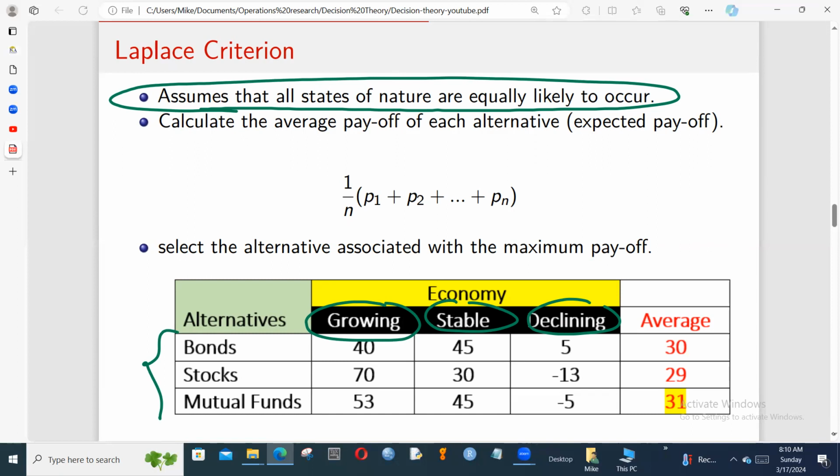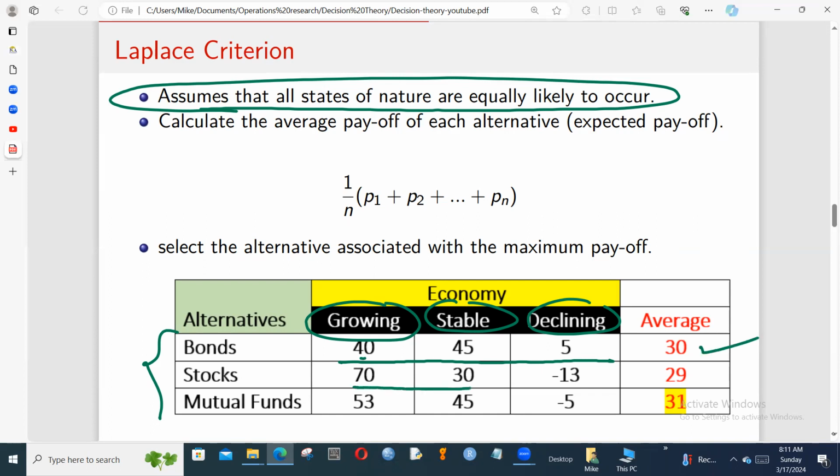So using the Laplace criterion, for you to make a decision, just get the average of the payoffs for each decision alternative. So for bonds, we take 40 plus 45 plus 5, and because they are 3, we divide by 3. That gives us 30.